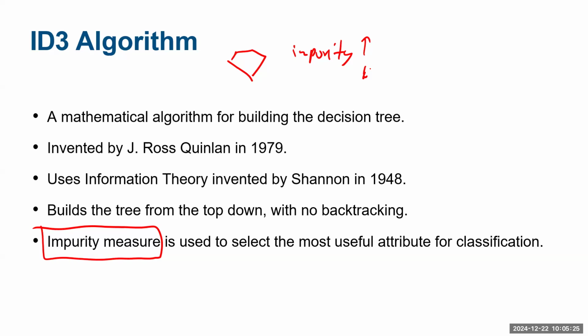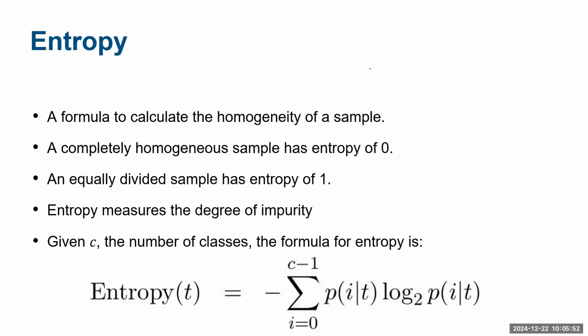Impurity means there is some noise in there. For a jewel to be expensive, it has to be very pure, so the impurity score has to be very low. So they want to measure the impurity. How do they compute the impurity? They use what is called entropy.